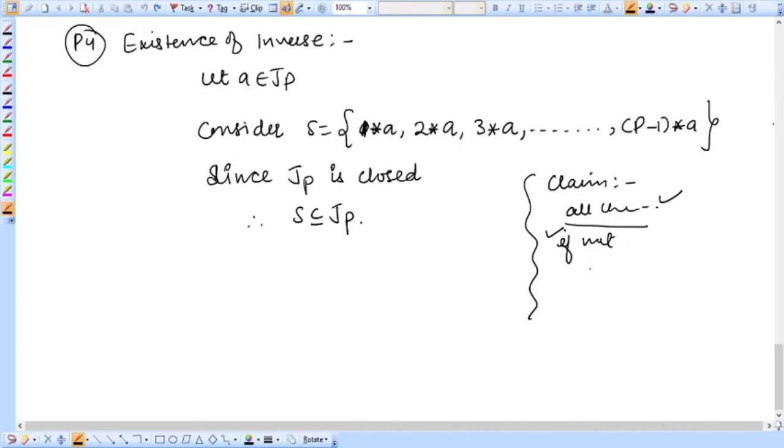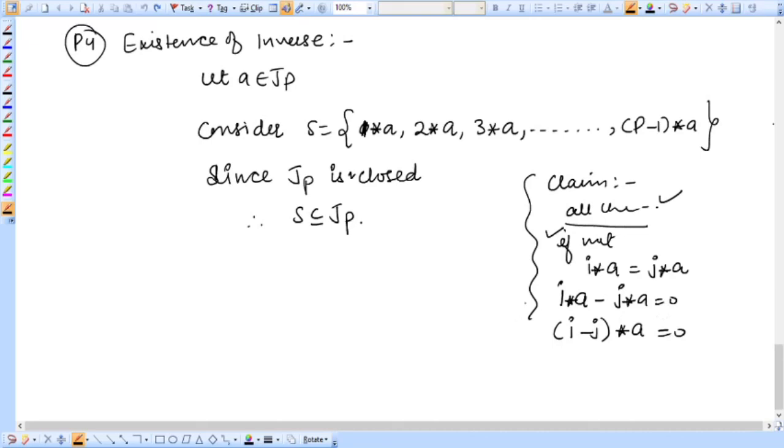If not, then I star A must be equal to J star A for some elements in S. Both are equal, right? So you see, their difference must be equal to 0. This implies (I minus J) star A is equal to 0.